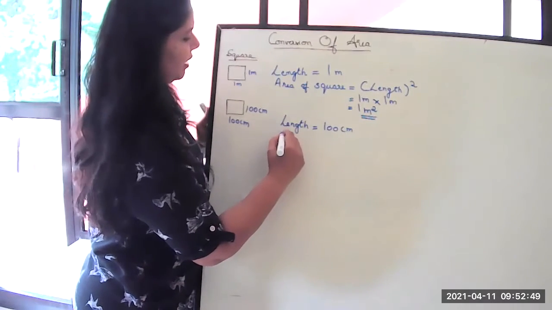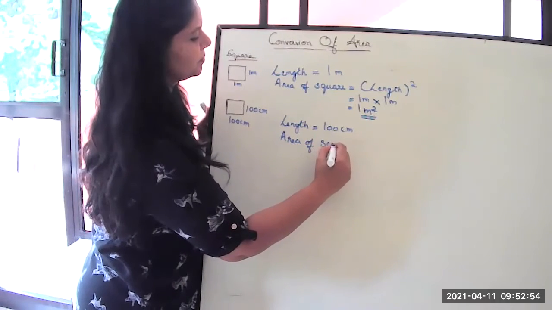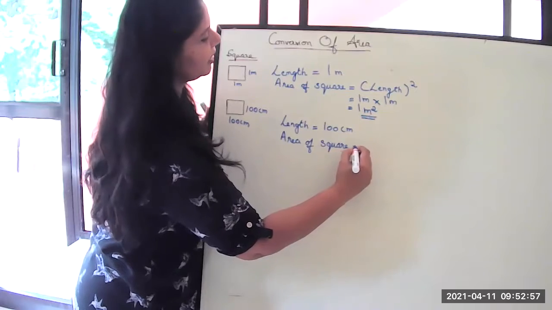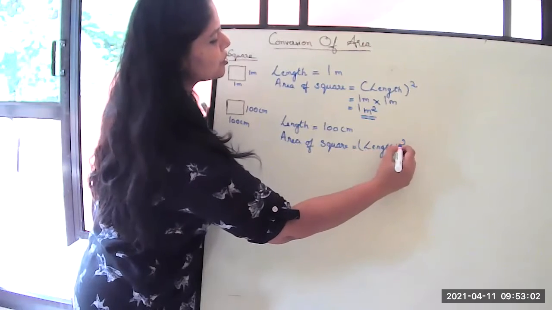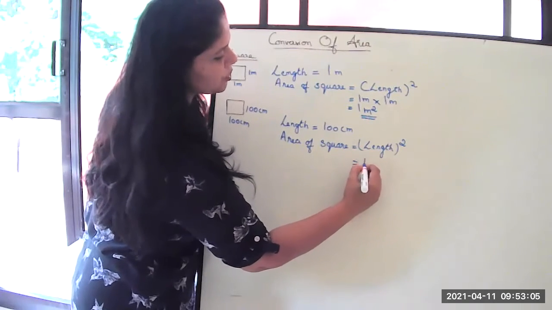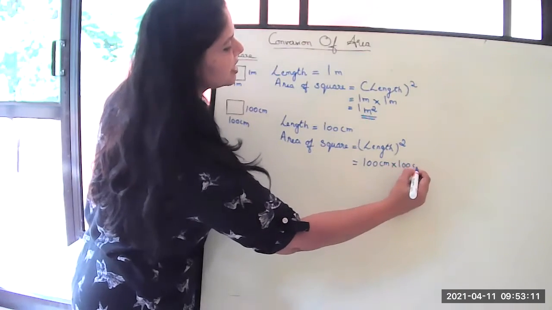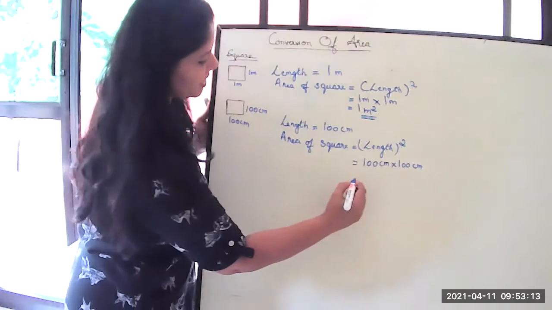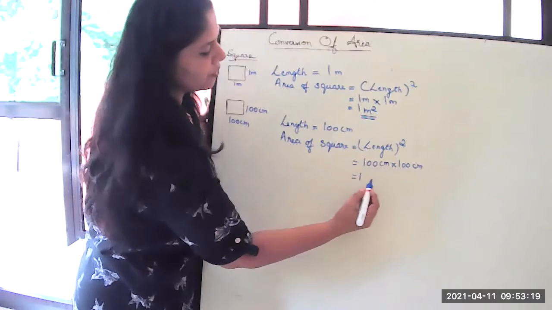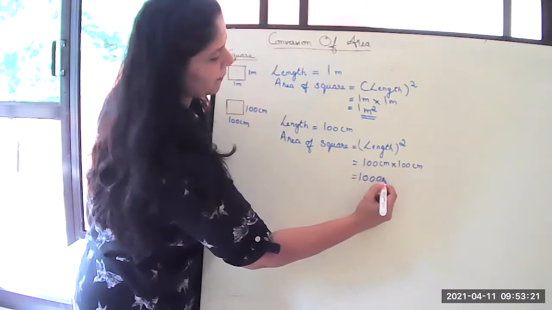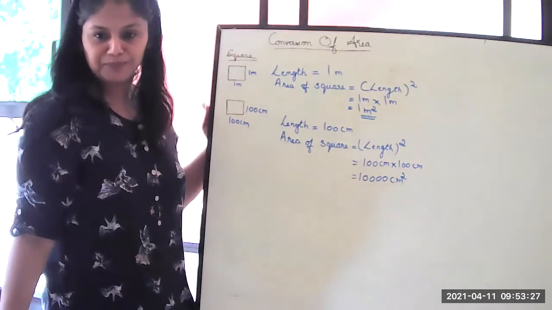Then area of square, again it is equal to length, the whole square, that is equal to 100 centimeter multiplied by 100 centimeter, which is equal to 1 and how many zeros? 1, 2, 3 and 4 zeros. And the unit will be centimeter square.